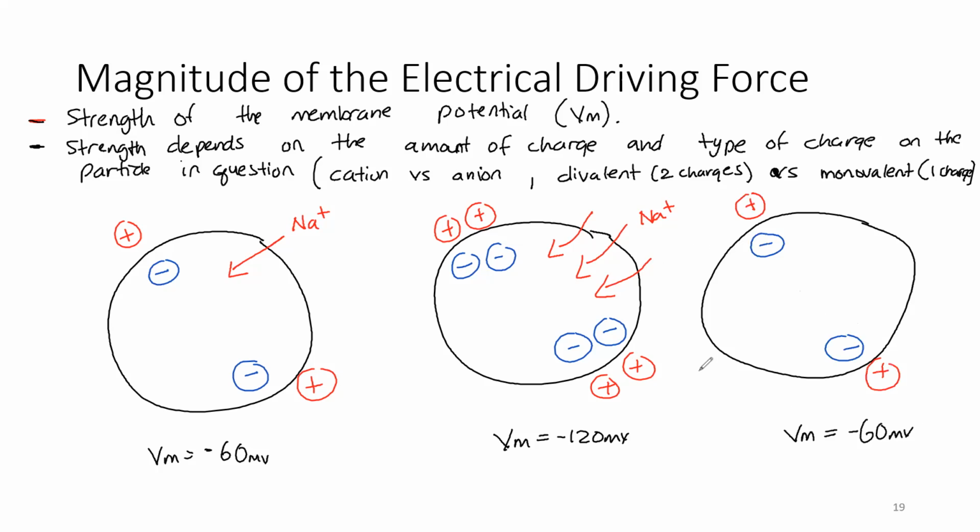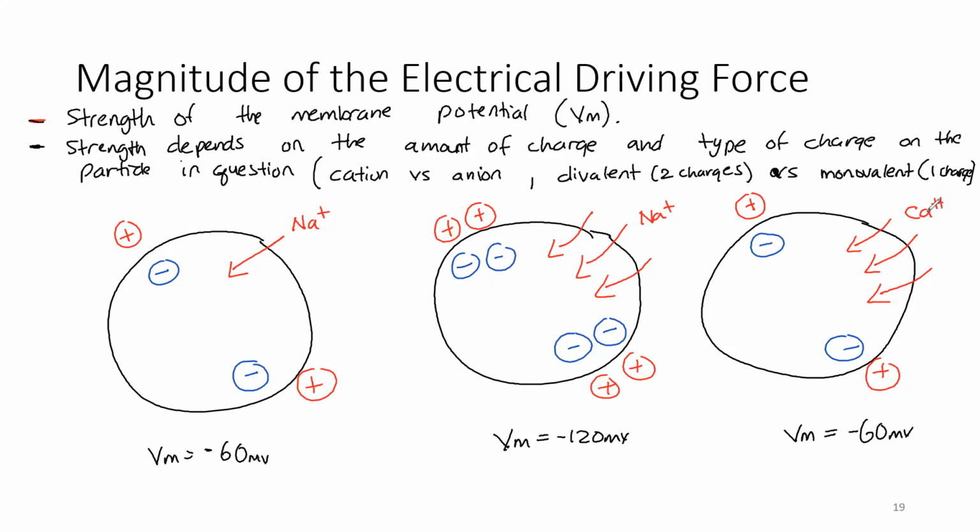And what we see here is a stronger movement onto the inside of the cell because we have a divalent cation. Whereas the membrane potential is the same as in our first scenario, the strength of the driving force is much stronger. It's twice the magnitude, simply because of the divalency of this cation.